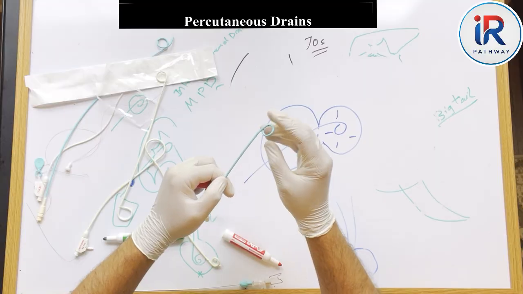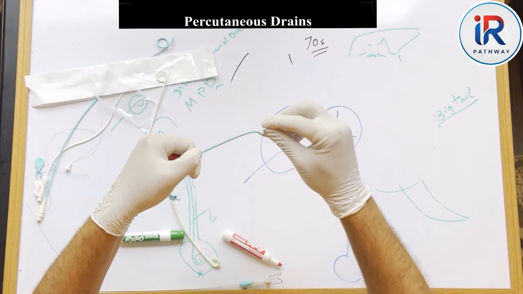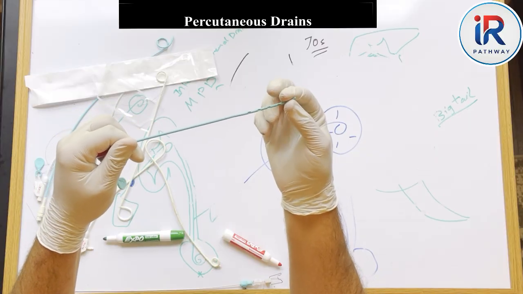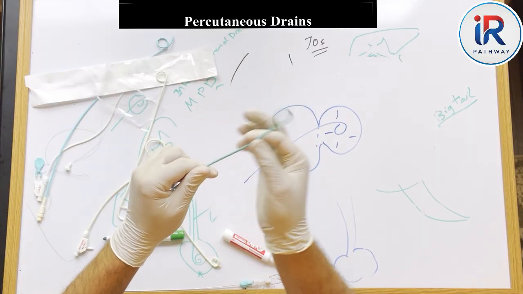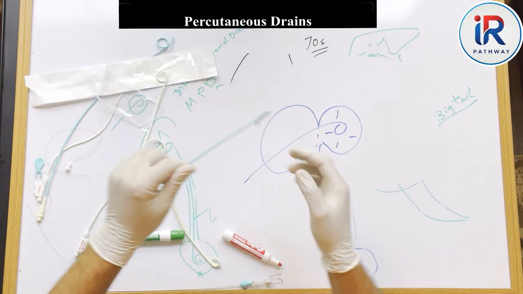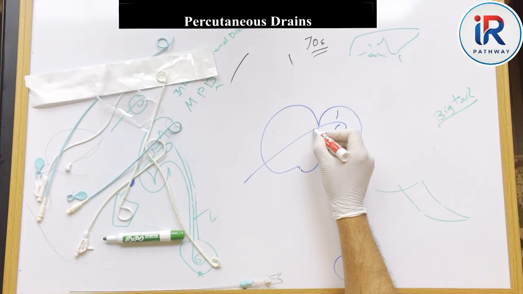Normally, the pigtail holes are only near the tip. Hopefully, you can see it here. As you can see, there are no holes along the proximal shaft here, so extra holes allow wider drainage.